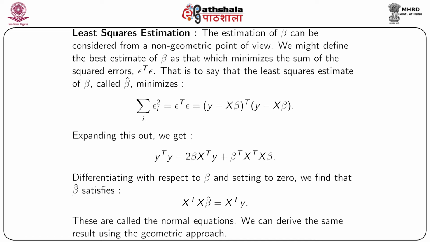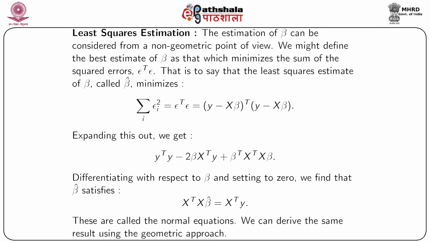Now looking at the algebra behind least square estimation, the estimation of beta can be considered from a non-geometric point of view. We might define the best estimate of beta as that which minimizes the sum of squared errors. So in terms of vector notation, we can write it as epsilon prime epsilon.